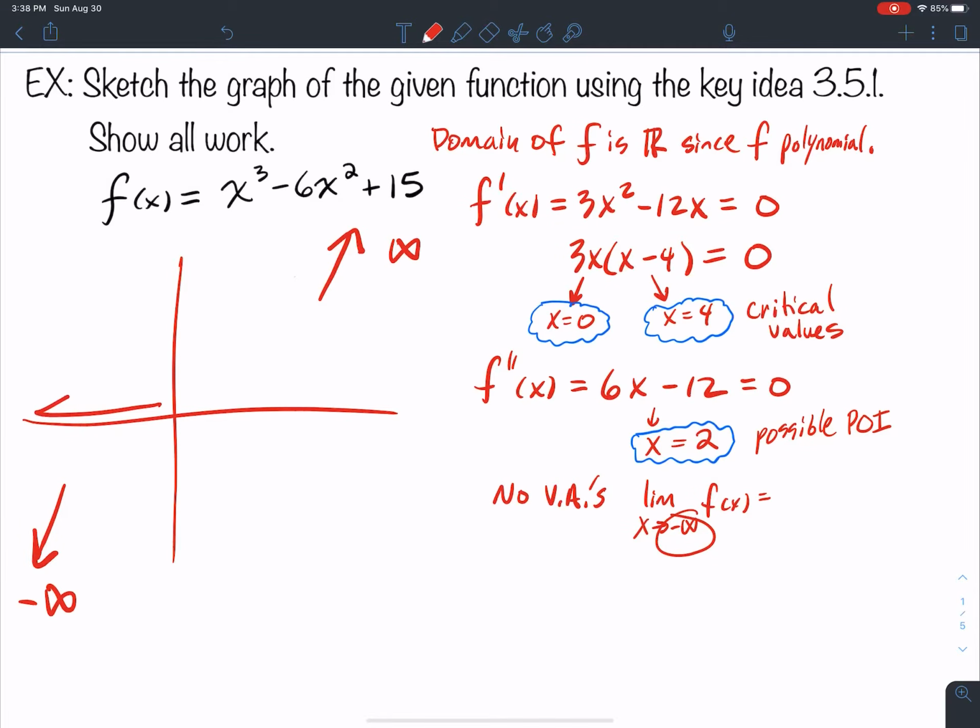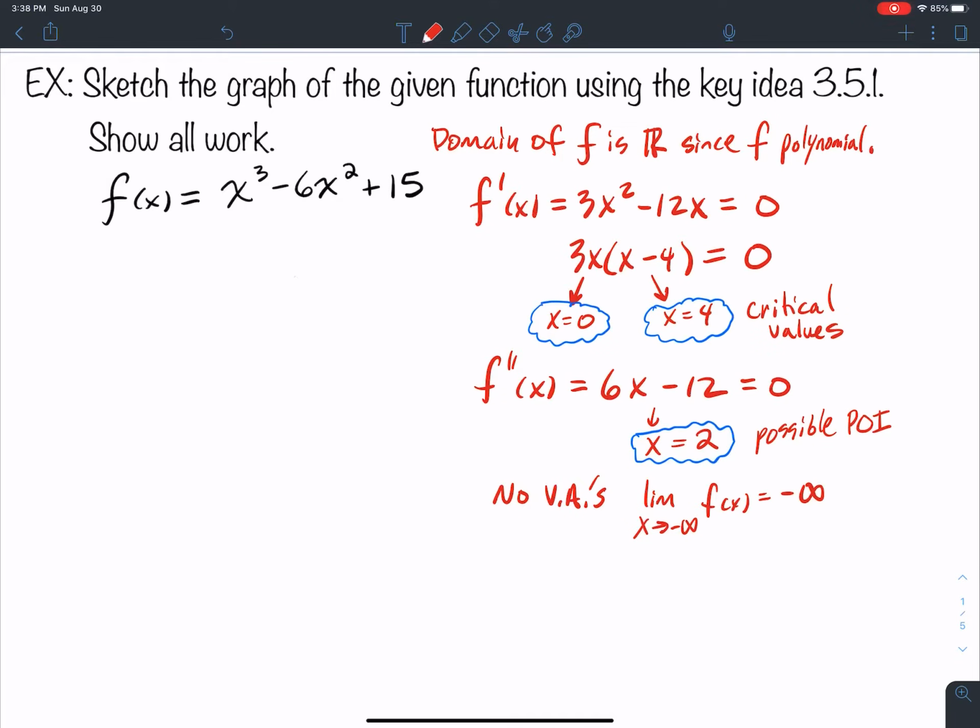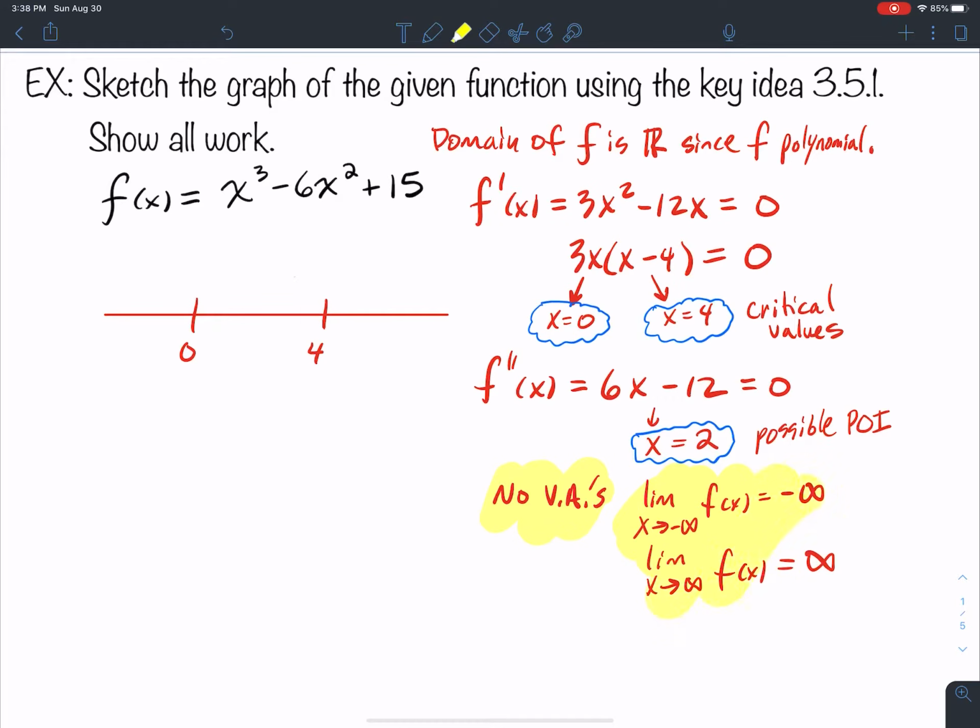What happens as x goes to negative infinity? Our function goes to negative infinity. So there's no horizontal asymptote on the left side. And same thing for the right side. As x goes to positive infinity, this lead term grows without bound, and so this goes to positive infinity. No horizontal asymptotes and no vertical asymptotes is what we've just proven here.